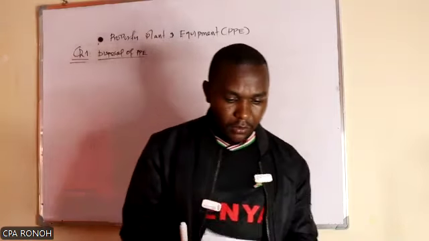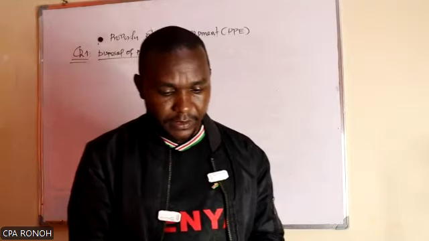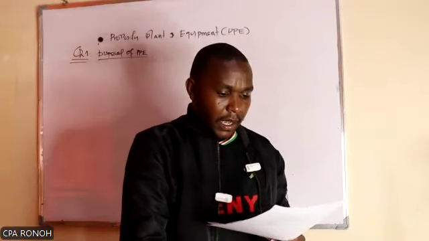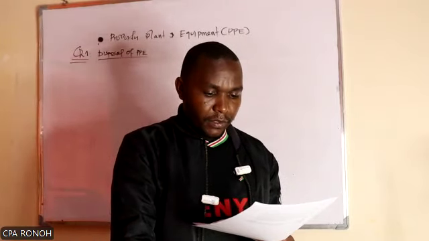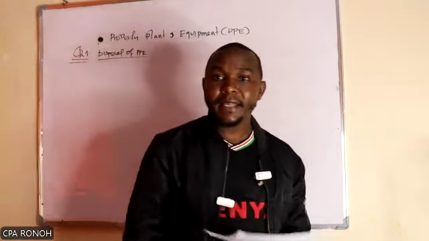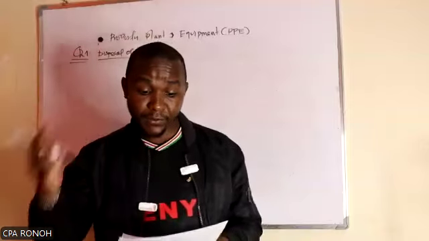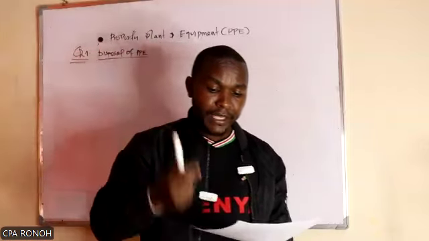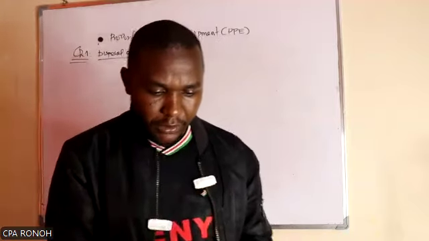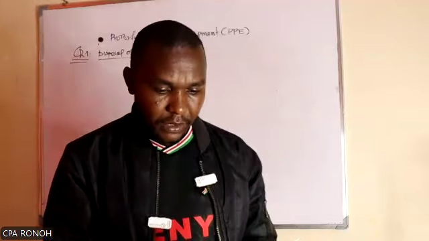Again, on 31st August 2019, a second-hand motor vehicle was bought from XYZ Limited at 700,000, and XYZ had bought the motor vehicle at 1 million. We don't mind what the value of XYZ was. We are only mindful of the price at which we bought the second-hand motor vehicle.